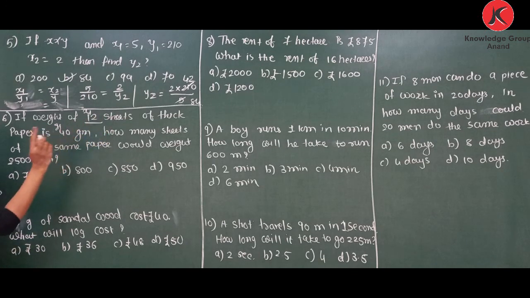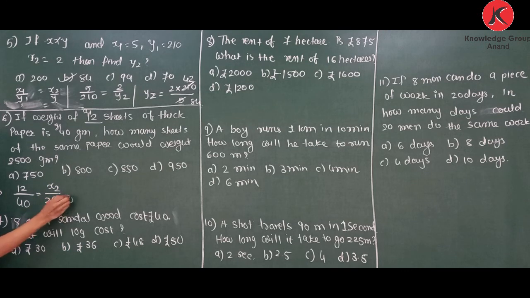For 12 sheets, weight is 40 grams. So for how many sheets, weight is 2500 grams. So we can write 12 divided by 40 is equal to x2 divided by 2500, because this one is x1. So number of sheets will be x1, x2. So 2500 will be y2.